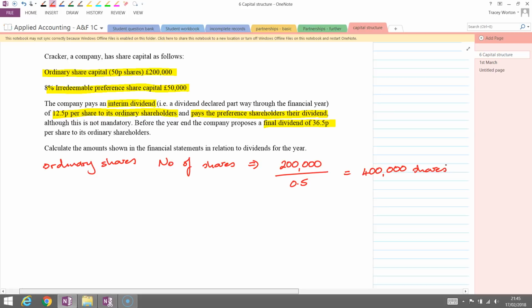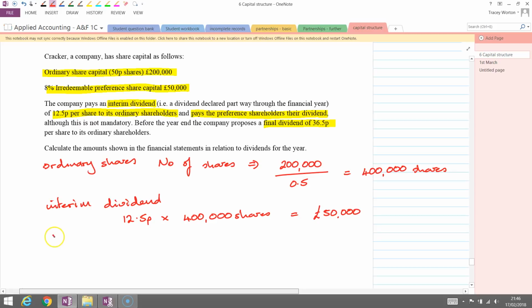So in terms of my interim dividend, I'm going to be paying 12.5p per share, and there are 400,000 shares in issue, and so that means that I'm going to be paying £50,000 worth of dividends.